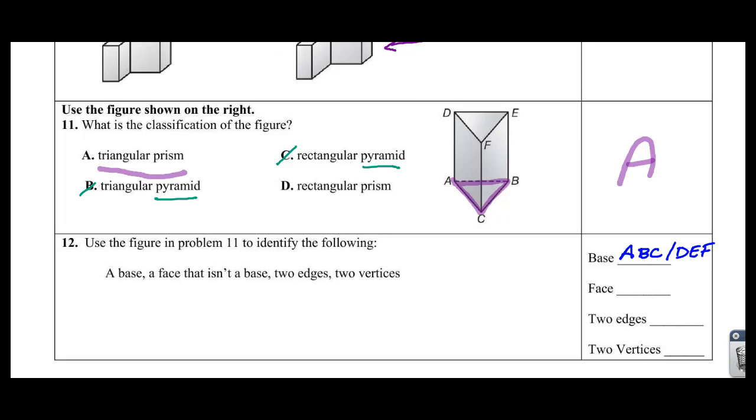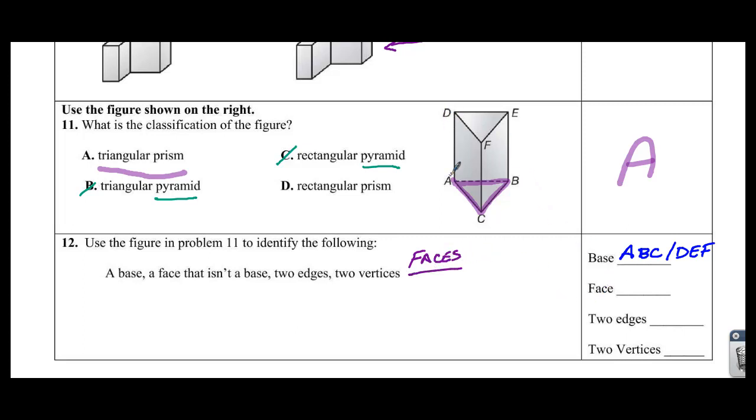How about a face that isn't a base? Well, that's going to be one of the rectangles. So for faces that aren't the bases, let's just put that right here, because I want more room than's right there.